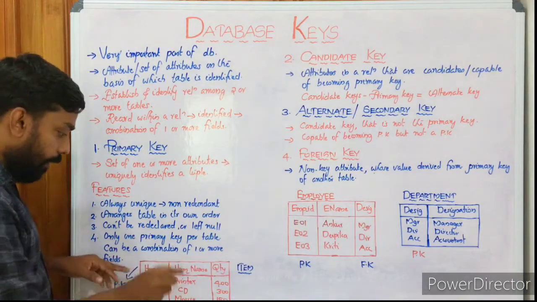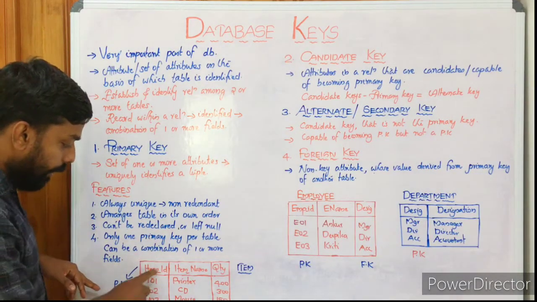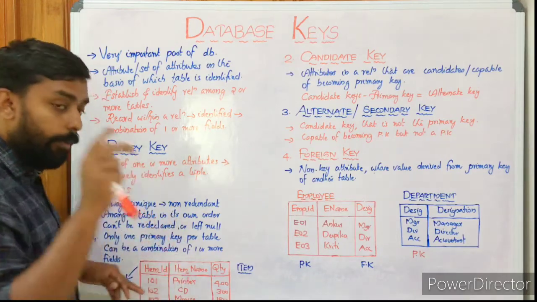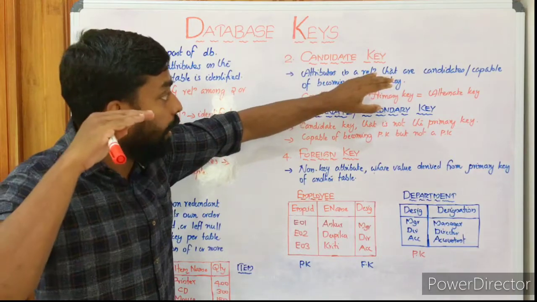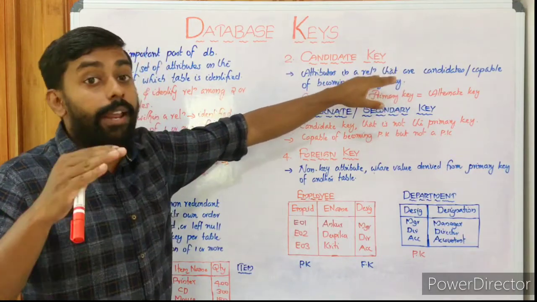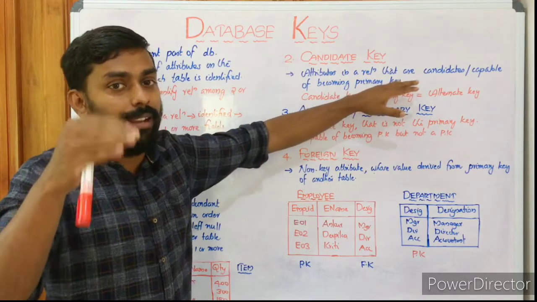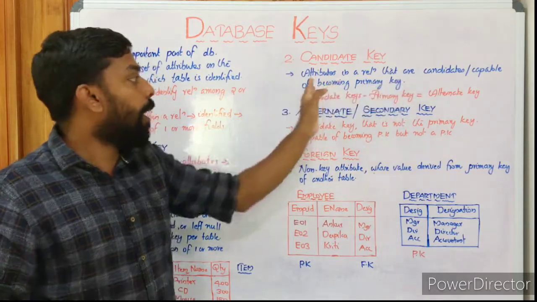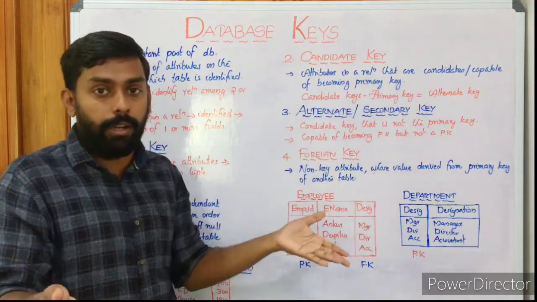And here in the item table, item ID is the primary key, and we have two candidate keys, item ID and item name, and item name will be the alternate key. Let's look at candidate key. These are attributes in a relation that are candidates or participants in the selection of a primary key, capable of becoming a primary key. Candidate key minus primary key equals alternate key.